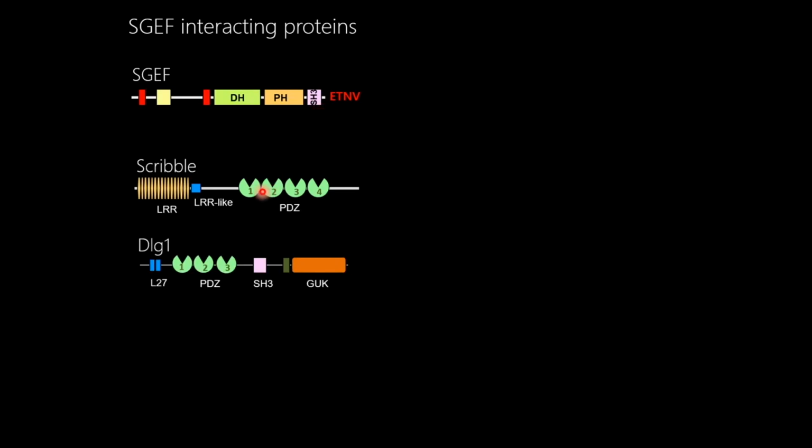These two proteins have multiple PDZ domains, so potentially they can be interacting with this domain in the cell. And the thing that caught our attention about these two proteins is that they function in the same molecular complex, and they perform a very important function in epithelial cells.